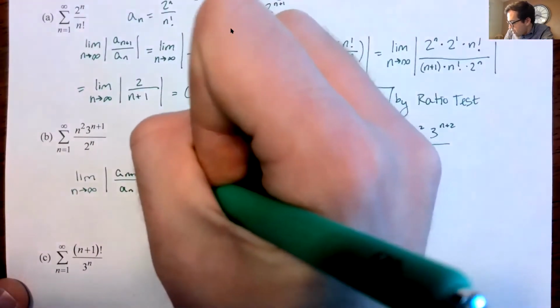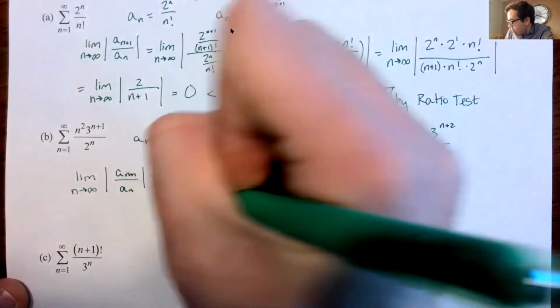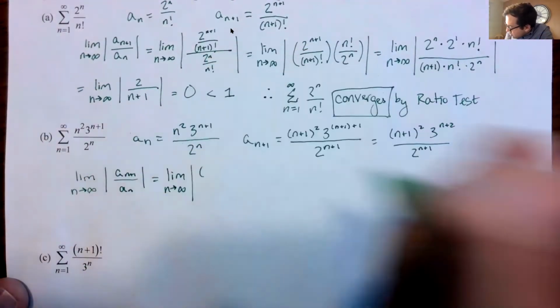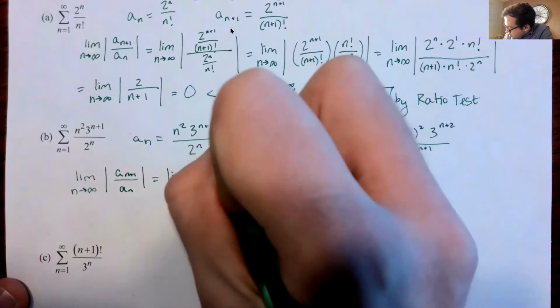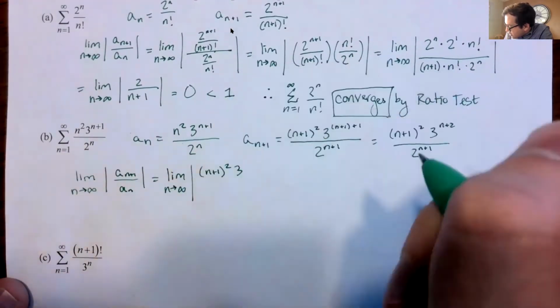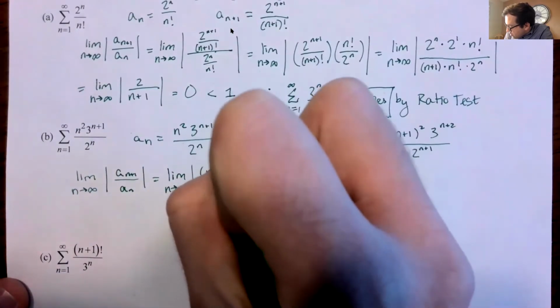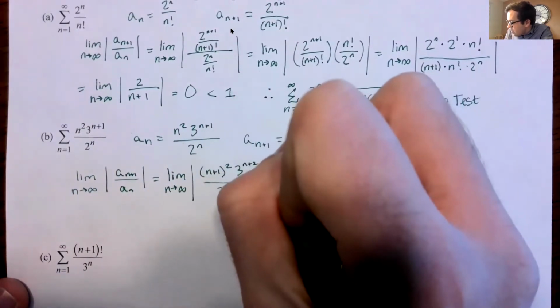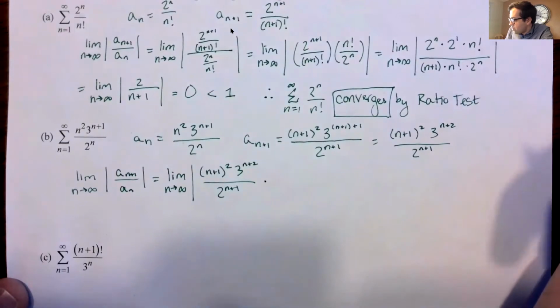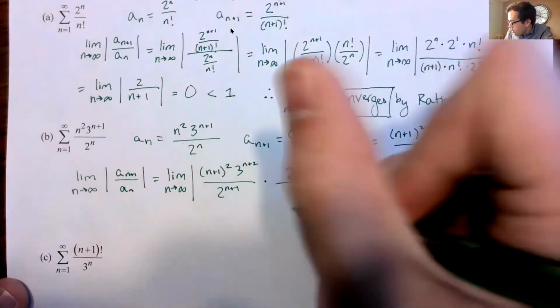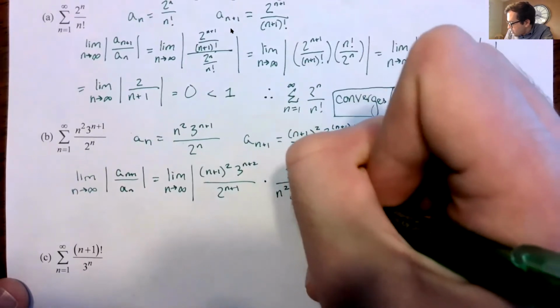So I'm going to have the limit as n approaches infinity of the a sub n plus 1 term, n plus 1 squared times 3 to the n plus 2 over 2 to the n plus 1, times the reciprocal of a sub n. So it's going to be 2 to the n over n squared times 3 to the n plus 1.